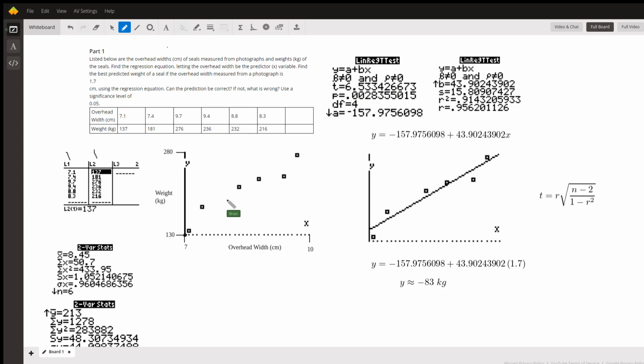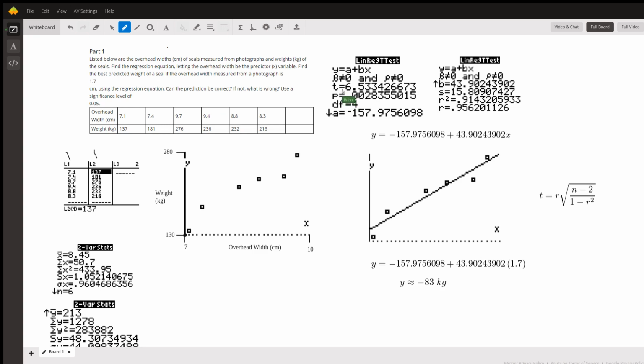If there was a 0 slope, that would mean no change in y over change in x, and that would basically imply that there is no linear relationship. So that's why the null hypothesis is that the slope is 0.